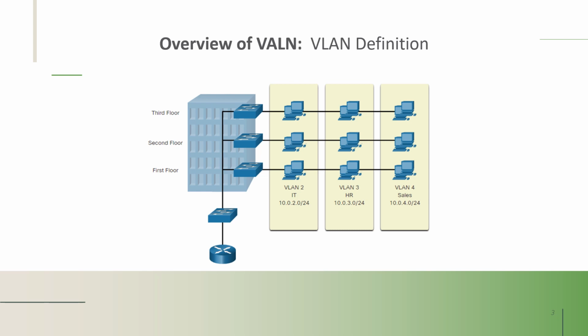A VLAN creates a logical broadcast domain that can span multiple physical LAN segments. VLANs improve network performance by separating large broadcast domains into smaller ones. If a device in one VLAN sends a broadcast Ethernet frame, all devices in the VLAN receive the frame, but devices in other VLANs do not.